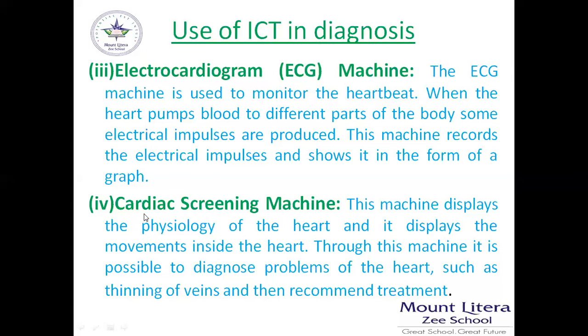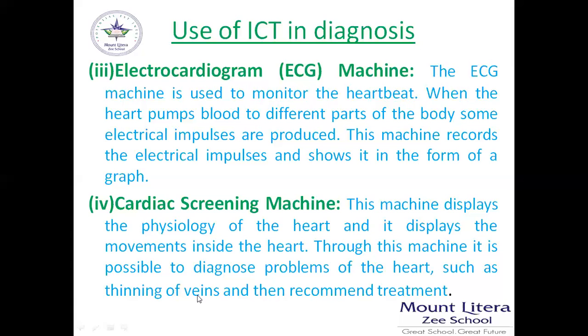Now the fourth one is the cardiac screening machine. This machine displays the physiology of the heart, and it displays the movement inside the heart. Through this machine, it is possible to diagnose problems of the heart, such as thinning of veins, and then recommend treatment.